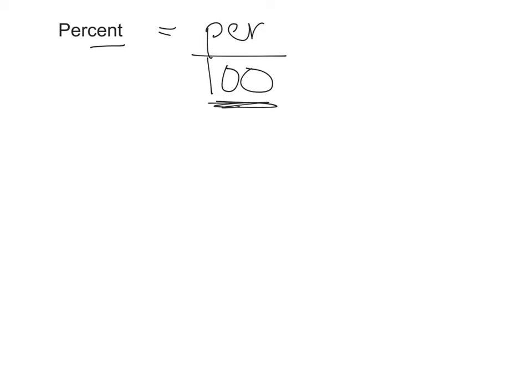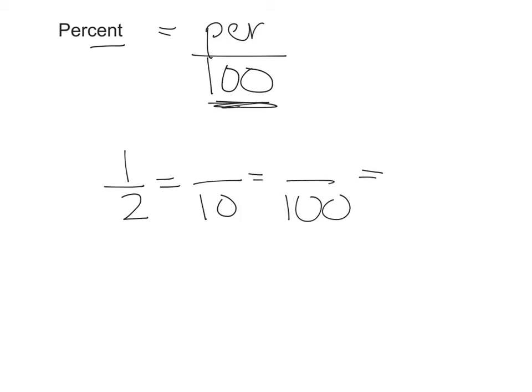So when you were given a fraction like 1/2, you learned how to write that as a decimal by writing it as either tenths or hundredths or thousandths. And we had to change the numerator to find out how many.